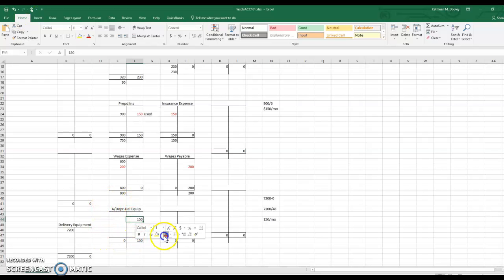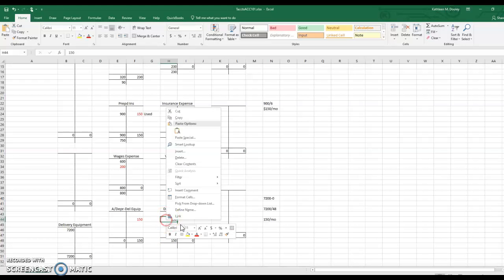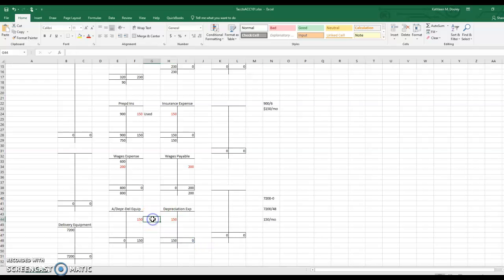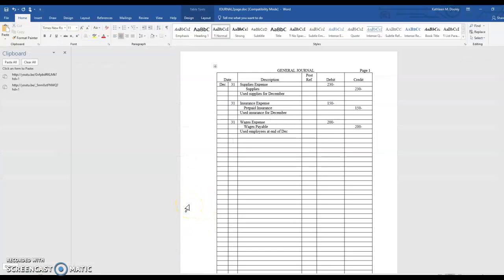Okay. Where is it going to go into? Depreciation expense. This is how much we used of the equipment. We're going to debit depreciation expense and credit accumulated depreciation. So we go to our journal entries, 31st.